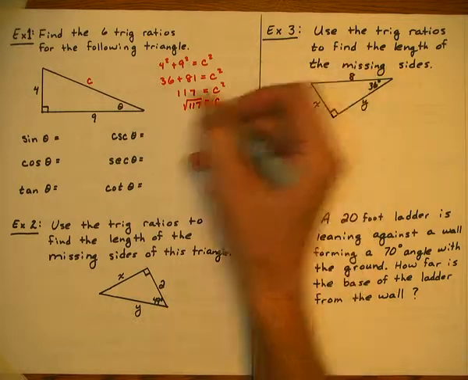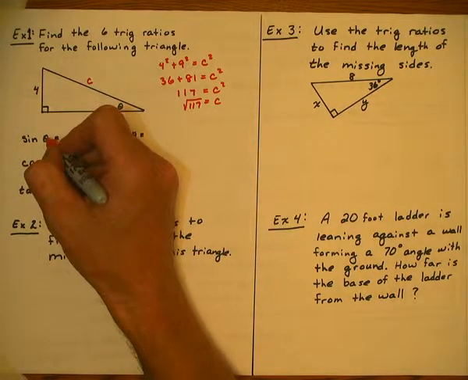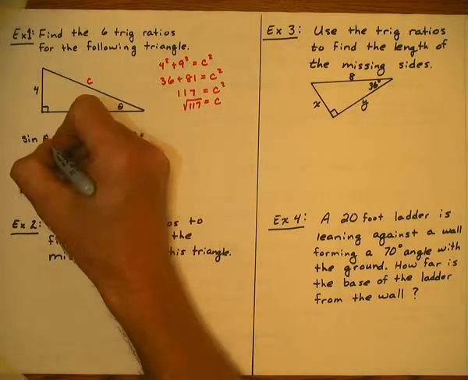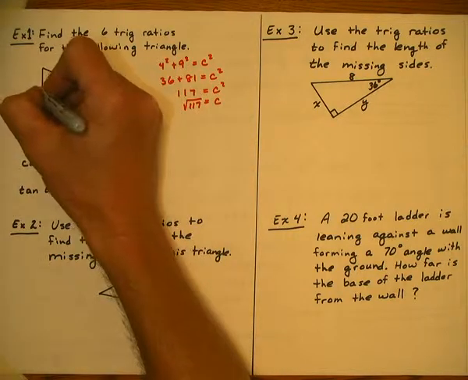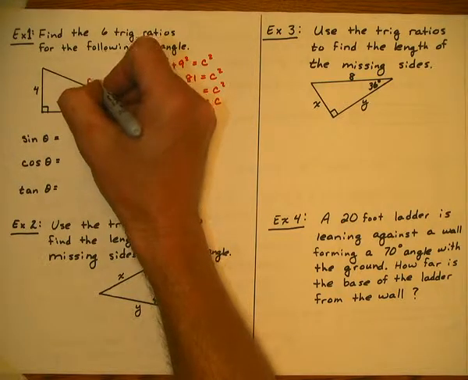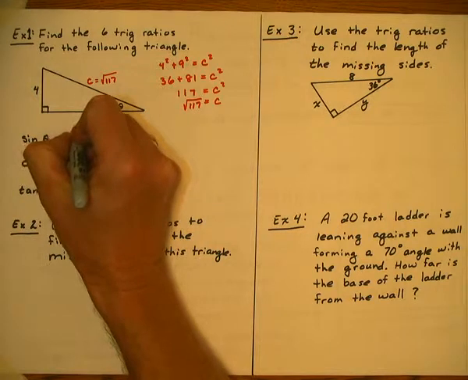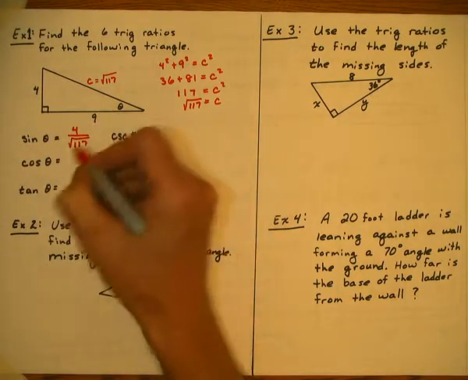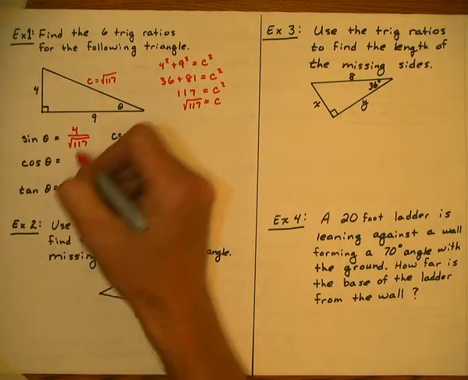because this is an exact value, as opposed to a decimal, which is not an exact value for C. Alright, so sine, if you remember, is opposite over hypotenuse. It's all in reference to this angle theta. So the opposite side is 4, and the hypotenuse is square root of 117, so you're going to have 4 over square root of 117. Now cosine is adjacent over hypotenuse.